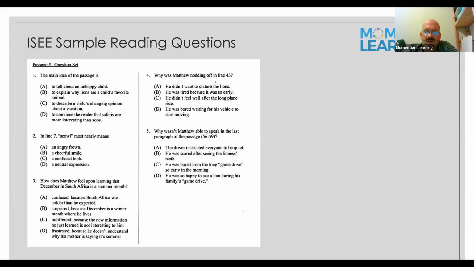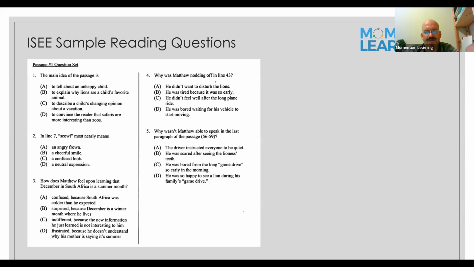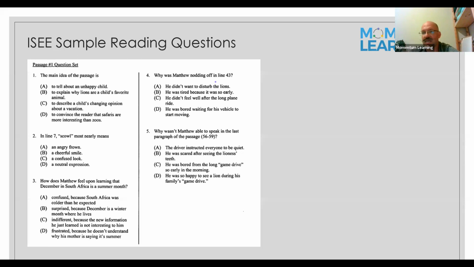So if we're looking at line 43, we're going to go back here. But because it was so early in the morning, he started to nod off. Oh, it tells us that it's early in the morning. Good. So is it right after the plane ride? No, this is the next day, I think. He was bored waiting for his vehicle to start moving. Well, it doesn't mention his boredom at all.